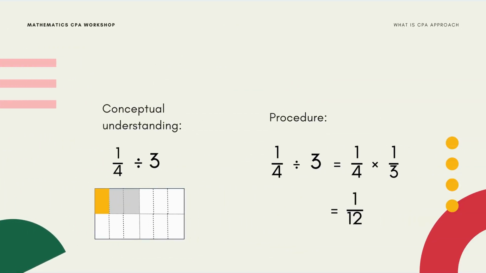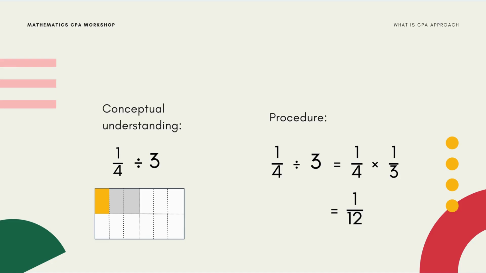So if you notice, we began by using concrete materials to represent 1/4 divided by 3. By folding the quarter piece of paper into 3 equal sections, students are visually able to see how the original fraction, 1/4, is divided into smaller parts.